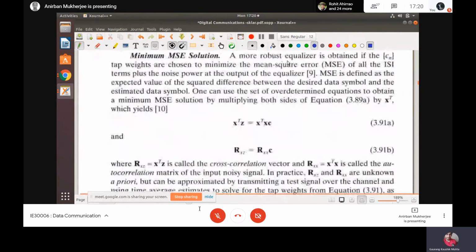Now, the minimum MSE. I have Z equal to XC, where I am putting a capital X, and this is C. Then I multiply both sides with X transpose.